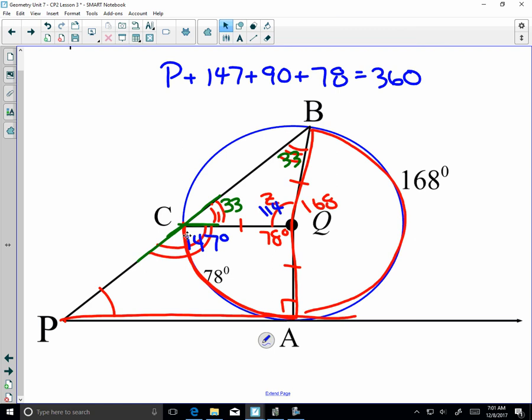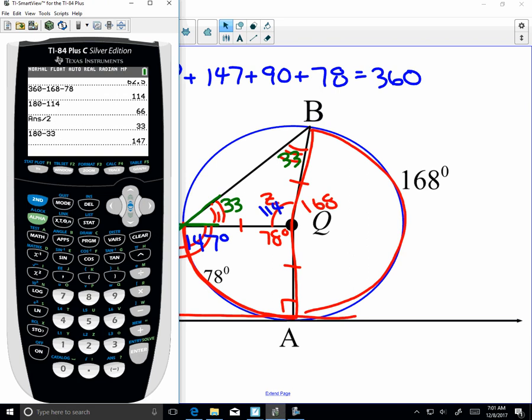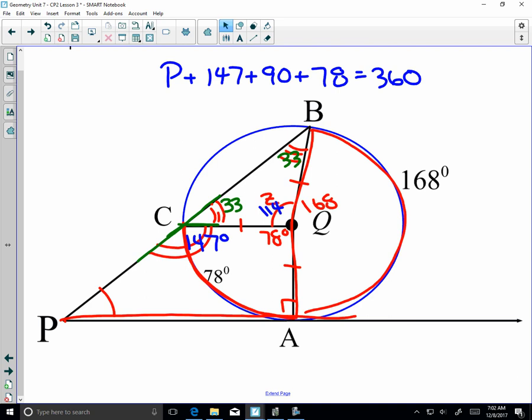Then we just add up the pieces and subtract to get our angle measure for P. So we have 360 minus 78 minus 90 minus 147, and we get 45 for that degree measure.